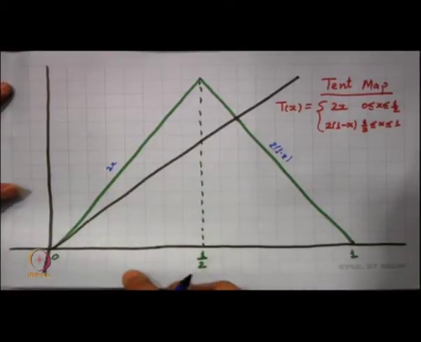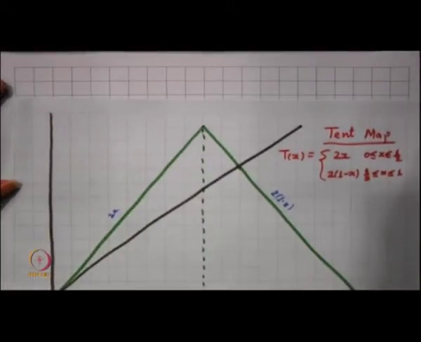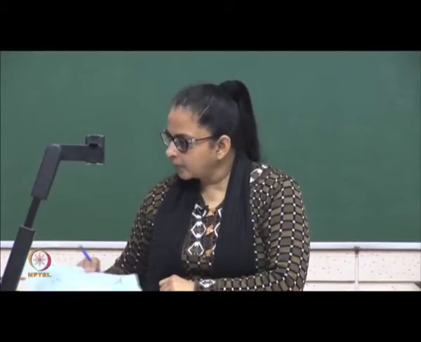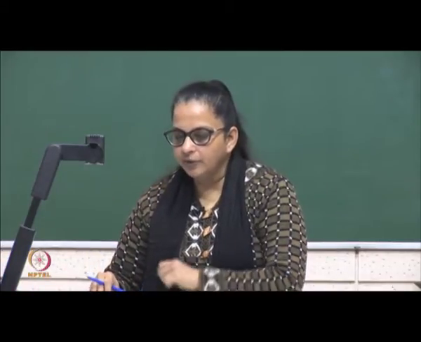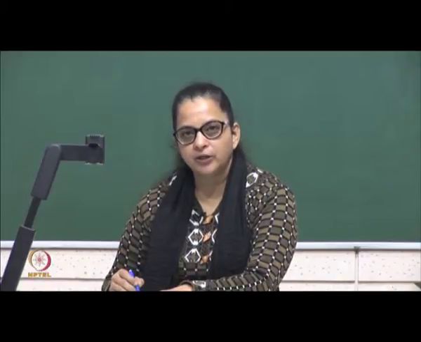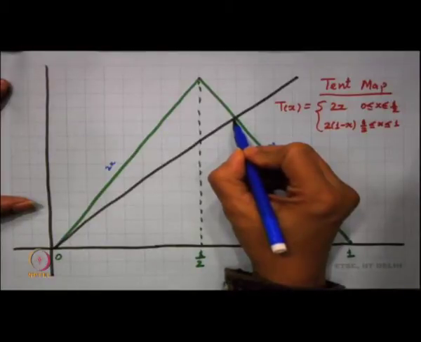So, now let us try to look into the dynamics of this tent map. One thing I can easily see from the picture itself is that it has two fixed points. It has one fixed point at 0 and another fixed point at this particular point.